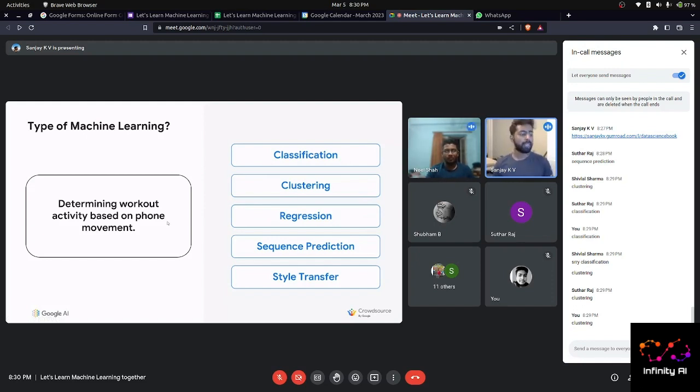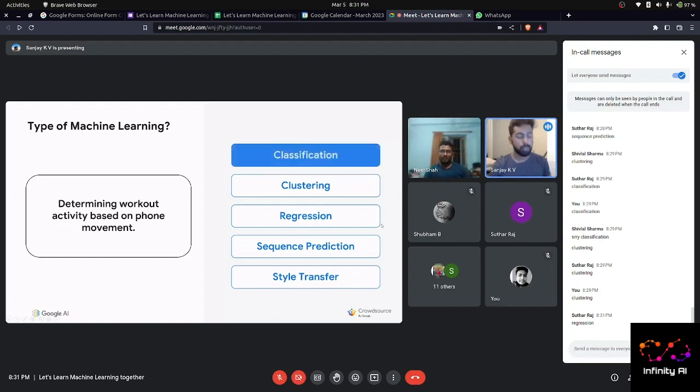As I told you, that one is style transfer. Next, determining workout activity based on phone movement. If you are using an iPhone, you have this workout app, which tracks how much you have worked out in a day. The answer is classification. You don't really need machine learning to understand this. For example, if you have particular hardware installed, it can tell whether you're working out or not.